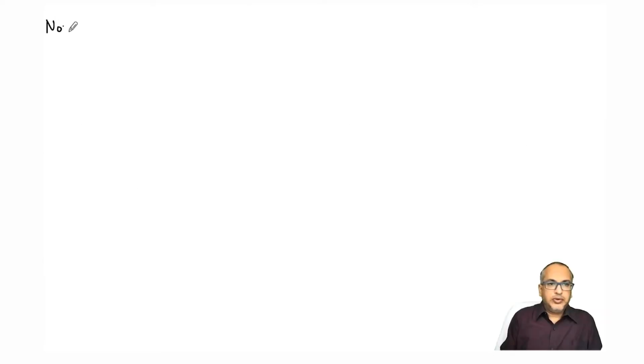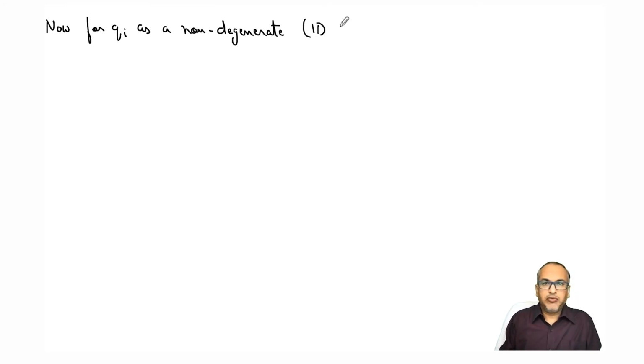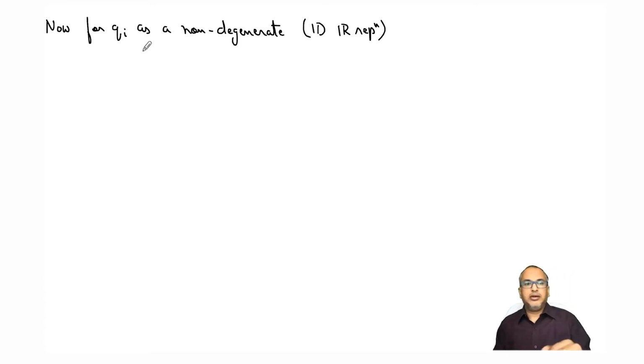So now for qi as a non-degenerate, or we can say one-dimensional IR representation. See, the IR representation for qi will be the same as the IR representation for the corresponding normal mode, right?